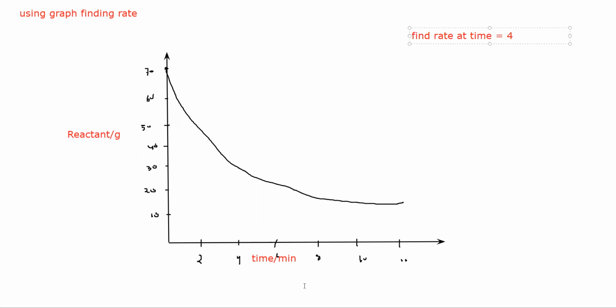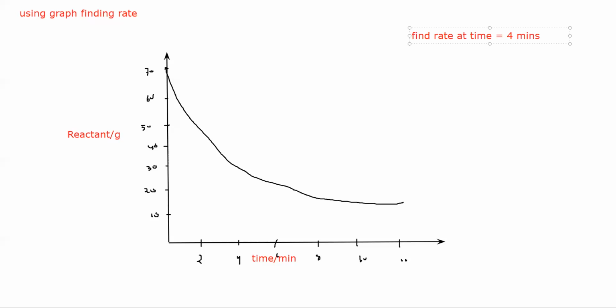4 minutes, you have to calculate the rate when time is equal to 4. So what you will do, whenever there is a curve, you always draw a tangent to find a specific value.